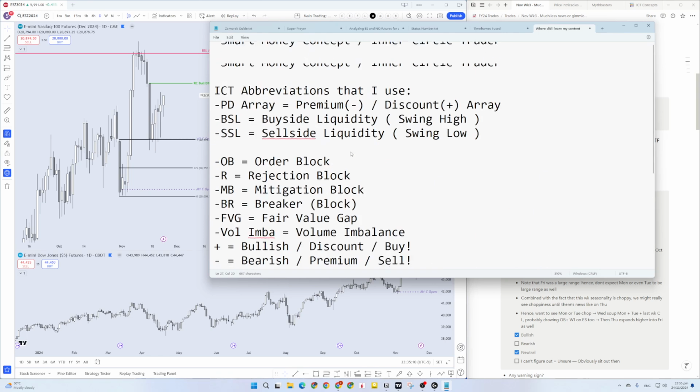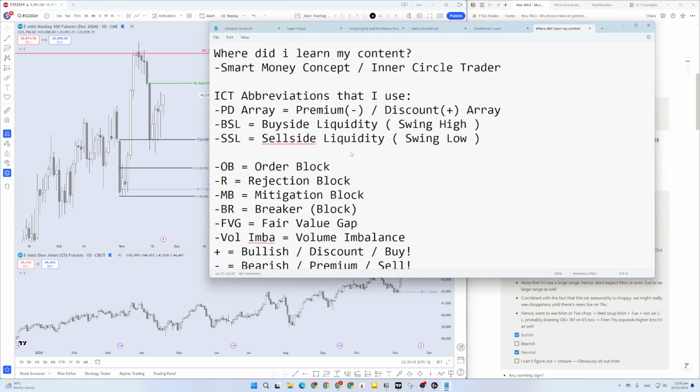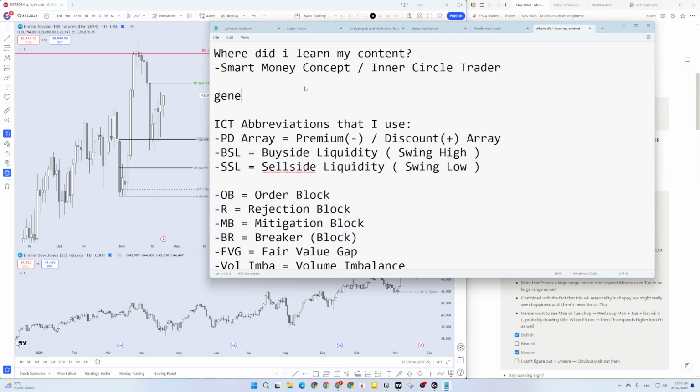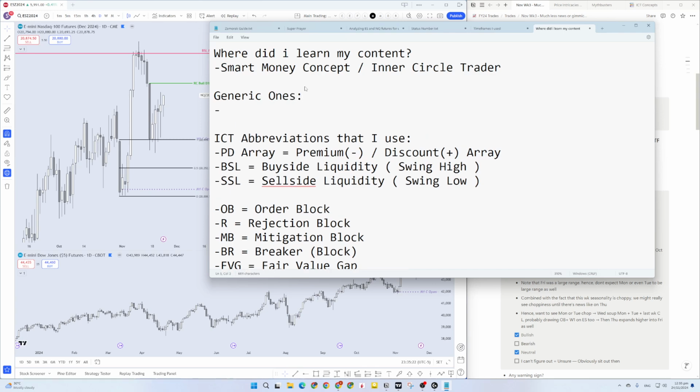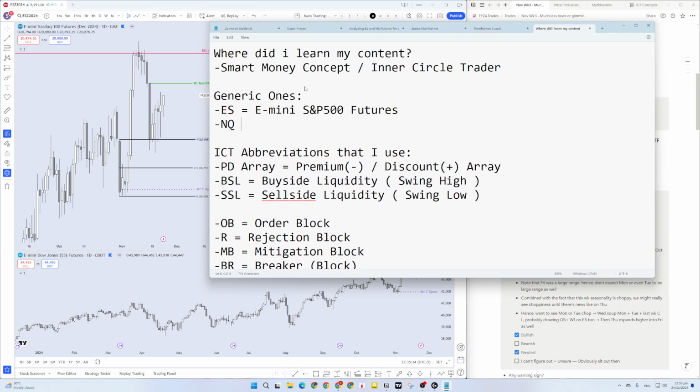Of course, there are some very generic ones. I always say this, but I'm just going to add it here. Generic ones. ES equals S&P 500, E-mini S&P 500 futures. NQ equals E-mini, is it Nasdaq?